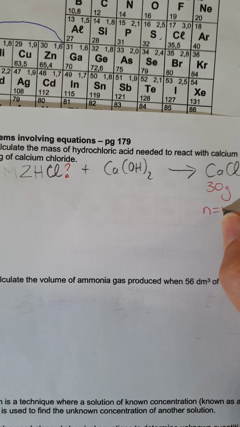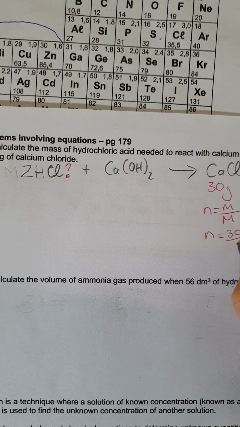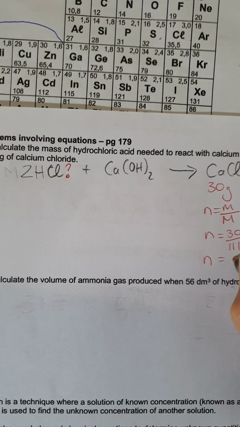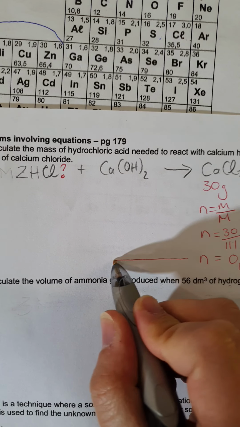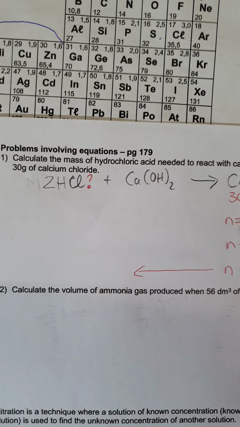We use our moles equation. Number of moles is equal to 30 grams divided by the molar mass for calcium chloride, which is 111. So my moles work out to be 0.27. Now remember, we are using the mole ratio here to get the number of moles of HCl.